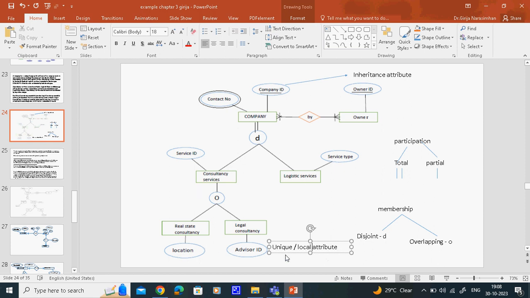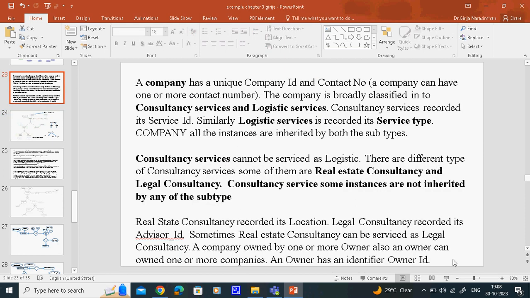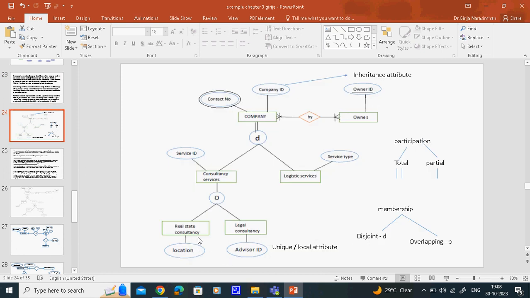Overlapping means sometimes it will act as the same service, or sometimes it will act as a legal part. When two entities have commonality, we use overlapping. These are very important key points of the EER diagram, the Enhanced Entity Relationship diagram.